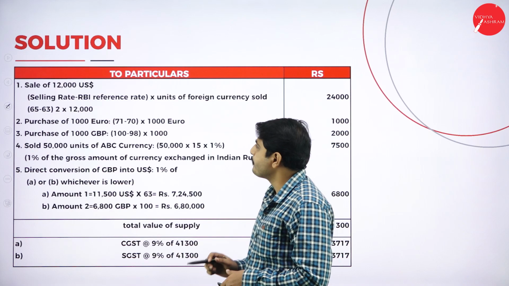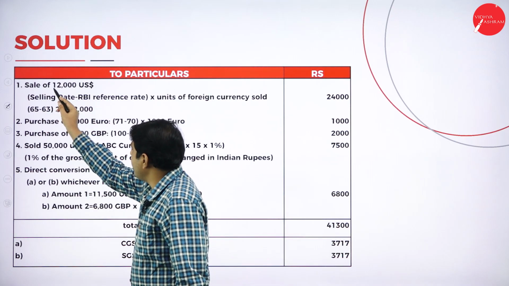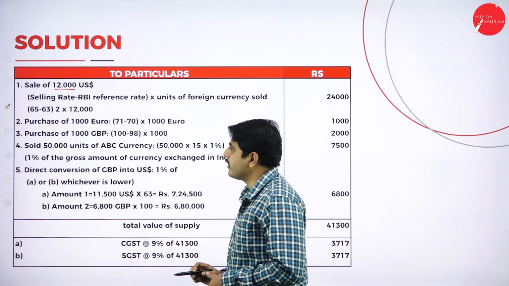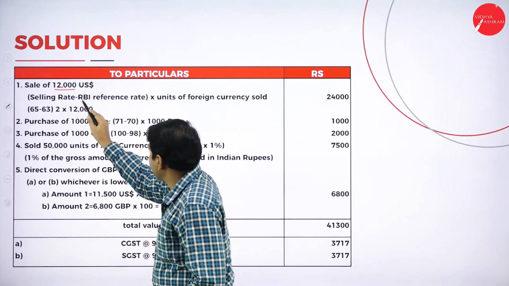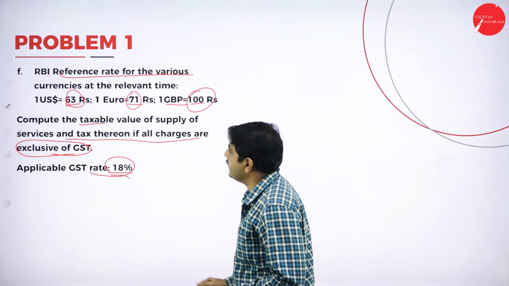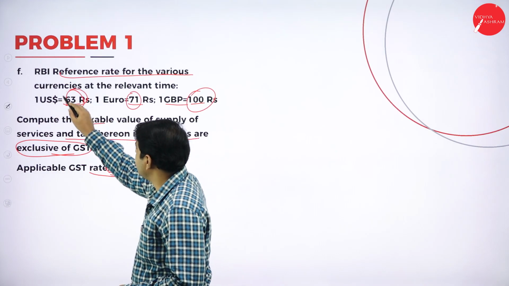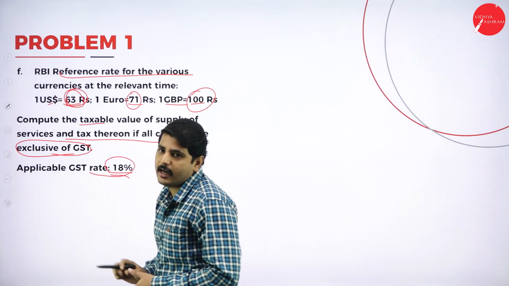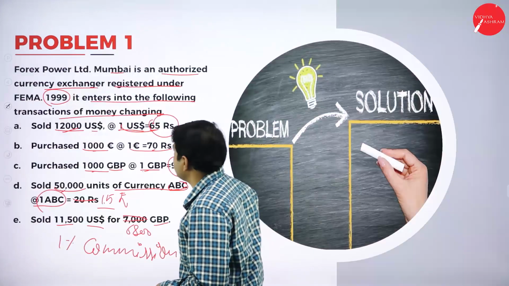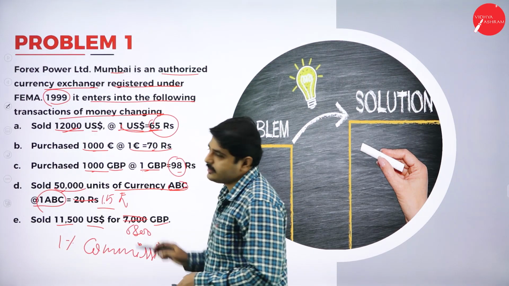Let's calculate here. Sale of 12,000 US dollars. The selling rate of RBI refers to the actual rate. What is the actual RBI rate? What we are selling is dollars. So what is the actual rate of dollar? It is 63 rupees. But at what rupees are we selling? 65 rupees.